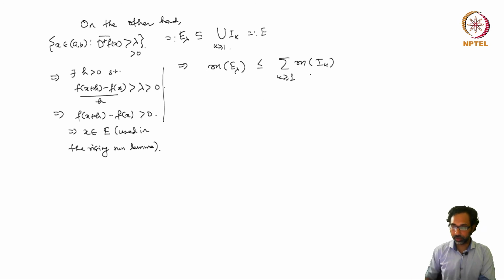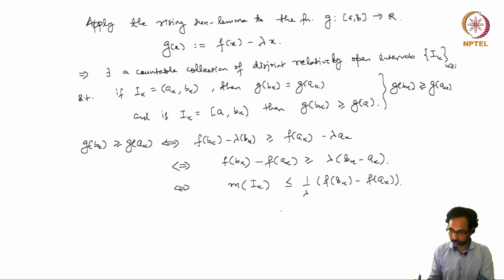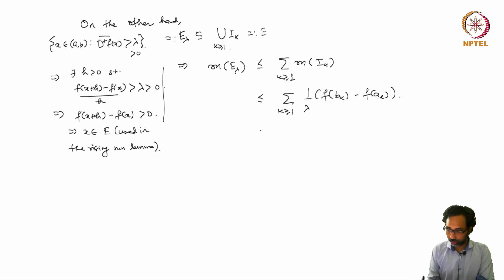This is simply by countable subadditivity, and then we have that this is less than or equal to the sum over k greater than or equal to 1 of 1 over lambda times (f(b_k) minus f(a_k)), by the inequality that we just proved here, and this is less than or equal to 1 over lambda times (f(b) minus f(a)).